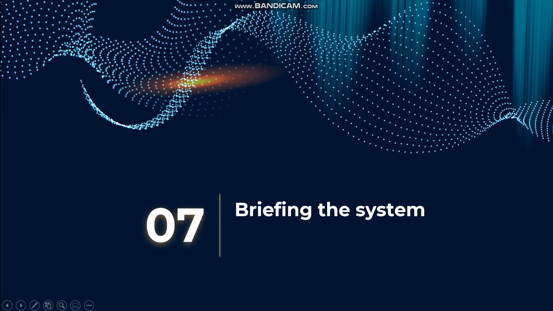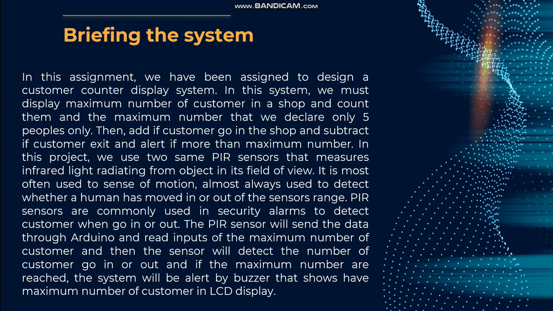For the briefing of the system, in this assignment we have been assigned to design a customer counter display system. In this system, we must display the maximum number of customers in a shop and count them, and the maximum number that we declare is only 5 people. Then add if a customer goes in the shop and subtract if a customer exits, and alert if more than the maximum number.